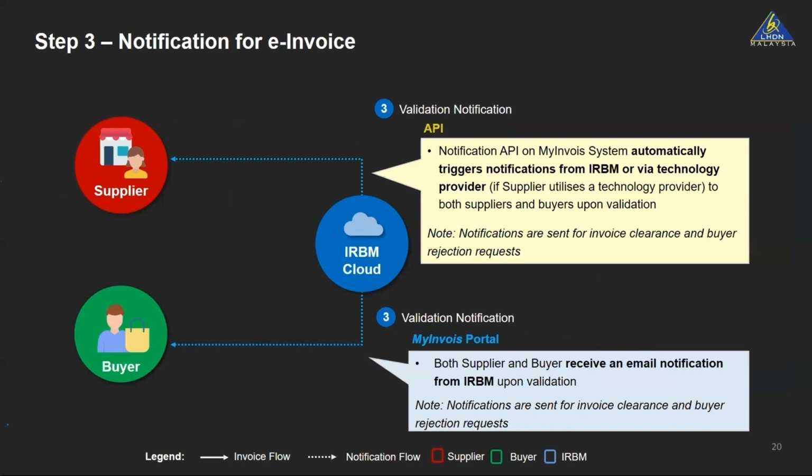Step 3 is notification for e-invoice. At the same time, upon successful validation, LHDN will also send an email notification to both supplier and buyer to inform that the invoice has been validated. It only carries a notification message. No file will be attached with this notification.